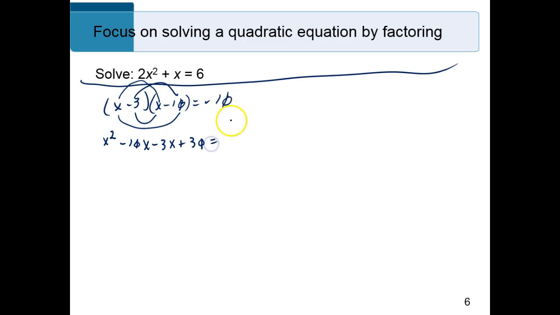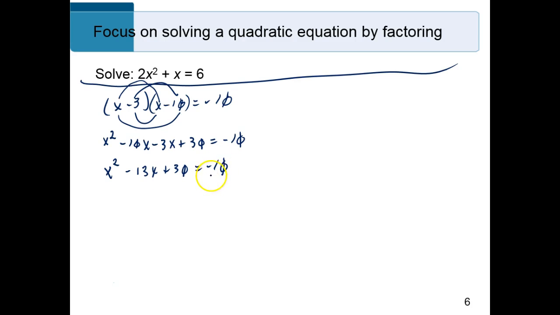And that's all equal to negative 10. Better combine like terms first. So x squared, what's next? Negative 13x plus 30 equals negative 10.